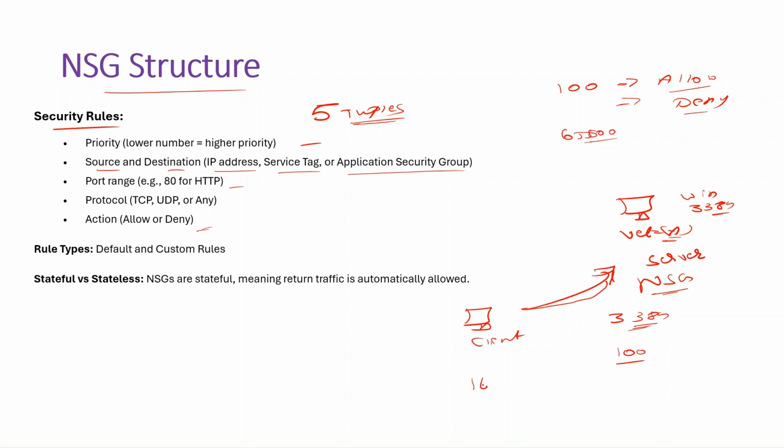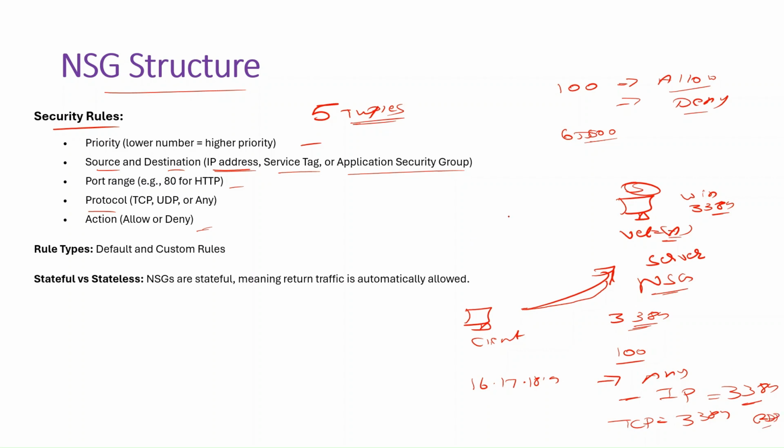Consider my IP is 16.17.18.19, the source is an IP address, and the source port range could be anything. Then the destination IP of this server, and the destination port, which is 3389, and the protocol, which is TCP port 3389, RDP, Remote Desktop Services.